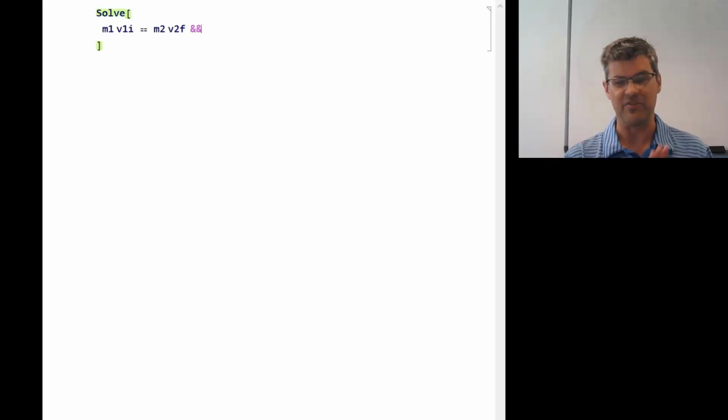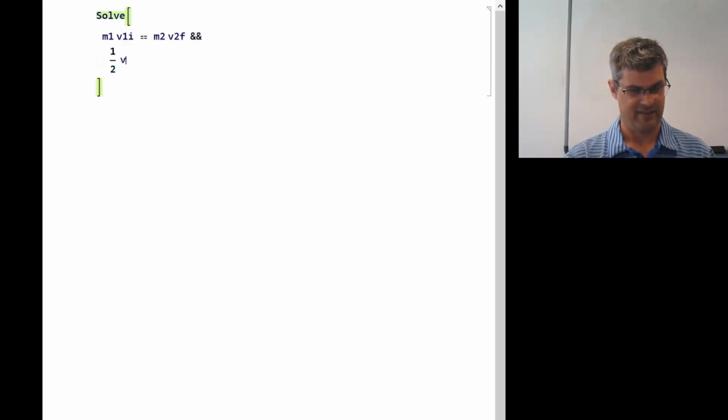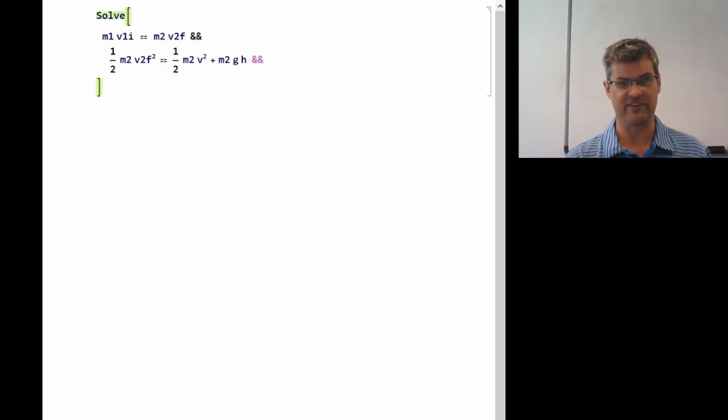But this was our collision in our first case that we've already run numbers for. What else do we know? Conservation of energy. 1/2 m2 v2 final squared is equal to 1/2 m2 v squared plus m2 g h. So that was conservation of energy.